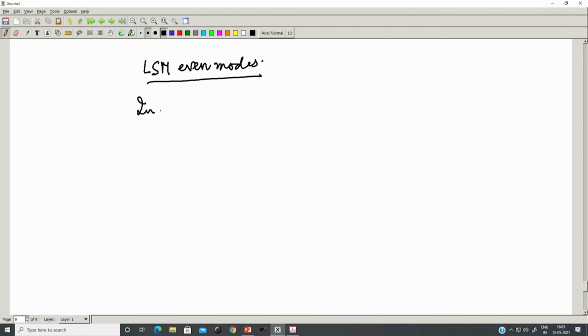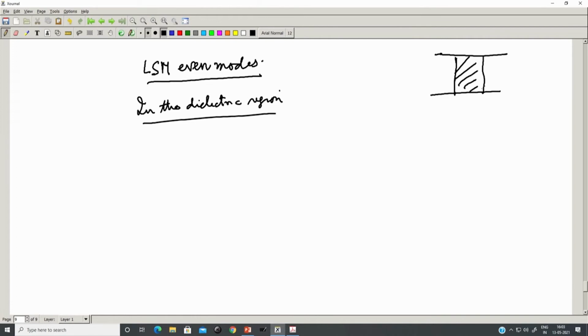So, in the dielectric region, let us draw a mini picture here, so we can relate the fields with the diagram once again.